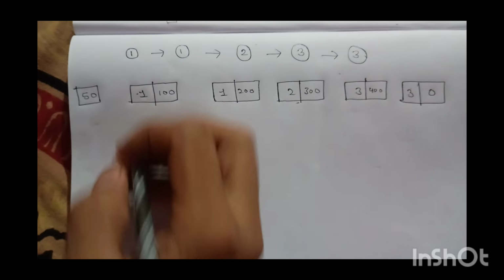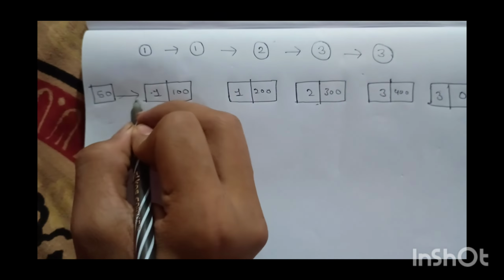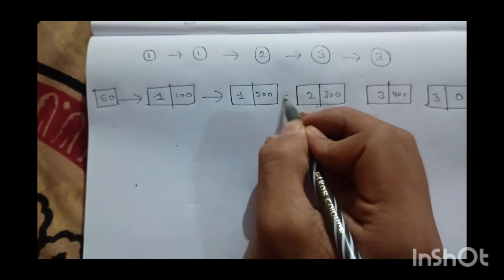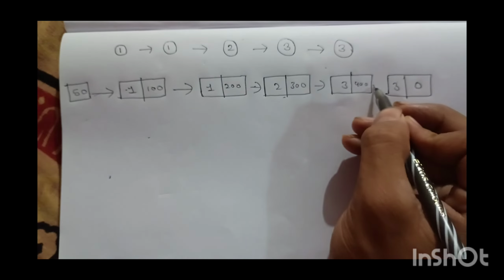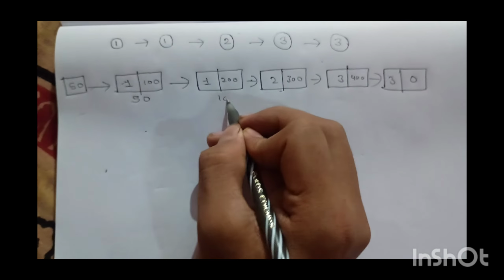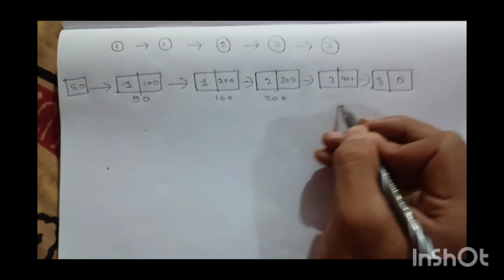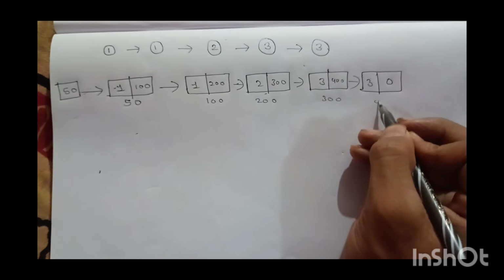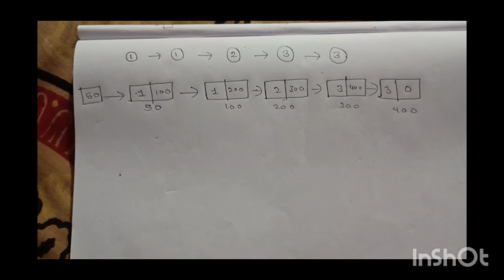Okay, now we will link these nodes like this. This node has an address of 50, 100, 200, 300, and at last 400. So this is our list. Now what do we have to do? We have to remove the duplicate.